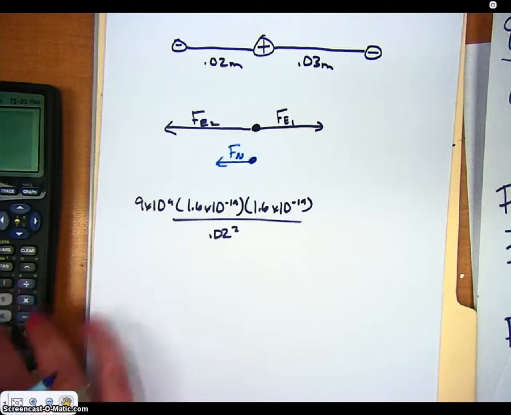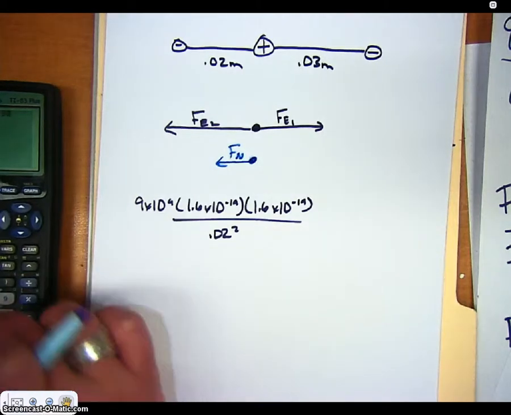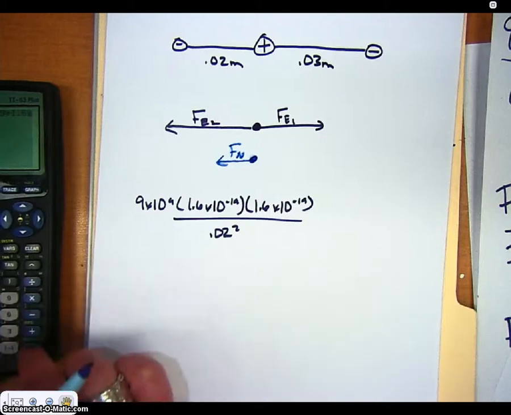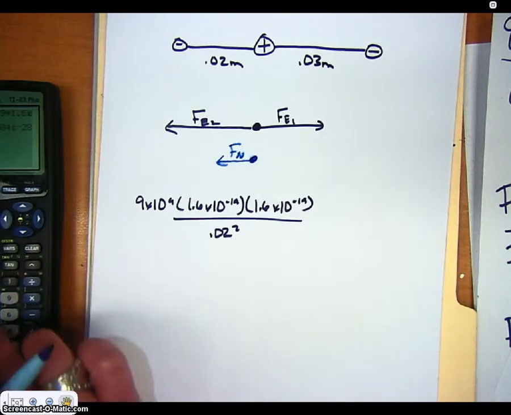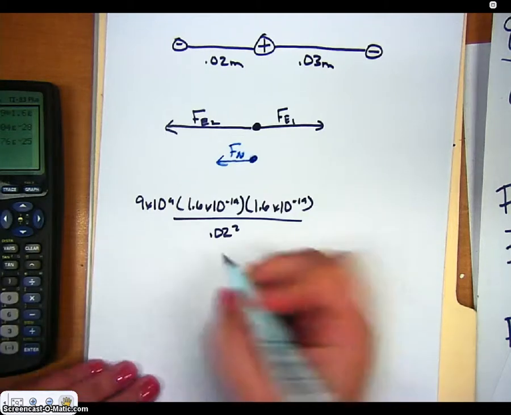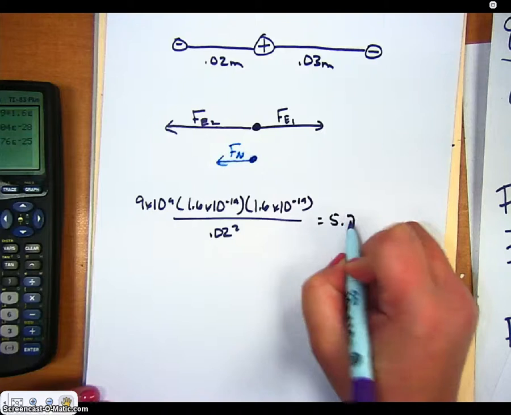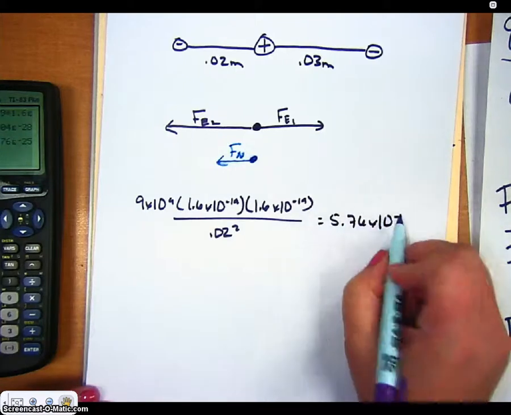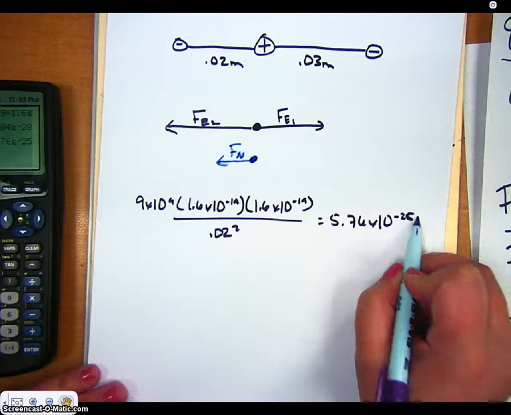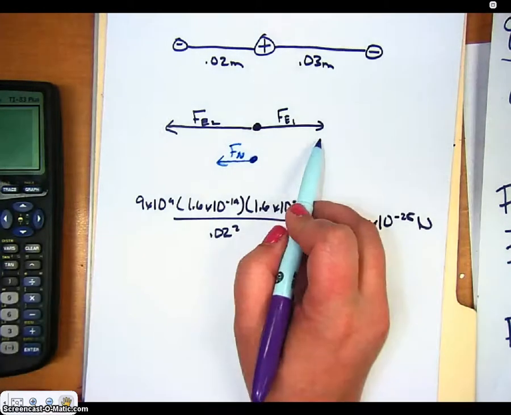Alright, so I do 9 EE 9th times 1.6 to the negative 19th times 1.6 to the negative 19th. And then I'm going to divide that by 0.02 squared. And I get 5.76 times 10 to the negative 25th newtons. Okay, now let's go ahead and do the one to the right.